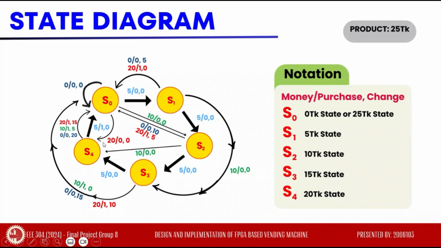The transitions between these states are governed by the money input and the machine's response. If we insert enough money, the machine will dispense the product and transition back to S0, providing any necessary change.